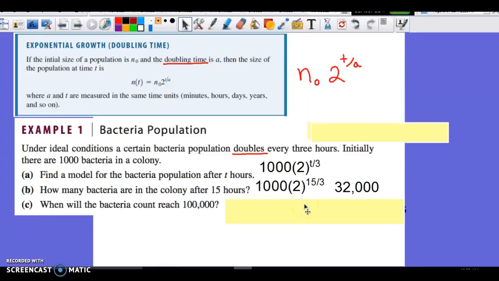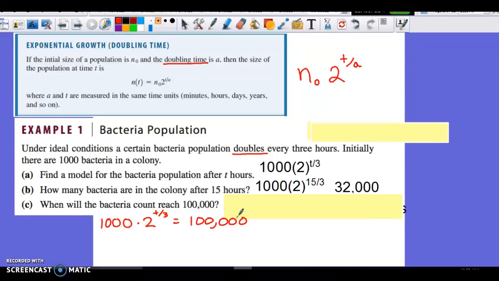Now here's where we get into the newer stuff, using those skills from last time. What I want to do is set my equation, 1,000 times 2 to the t over 3, equal to 100,000 for part C, because I want to know what the time has to be in order for that to happen.